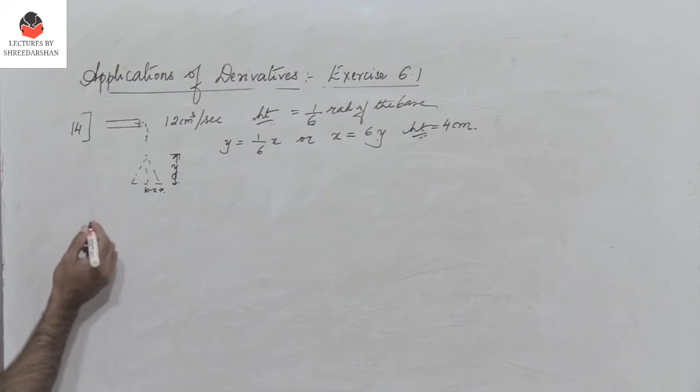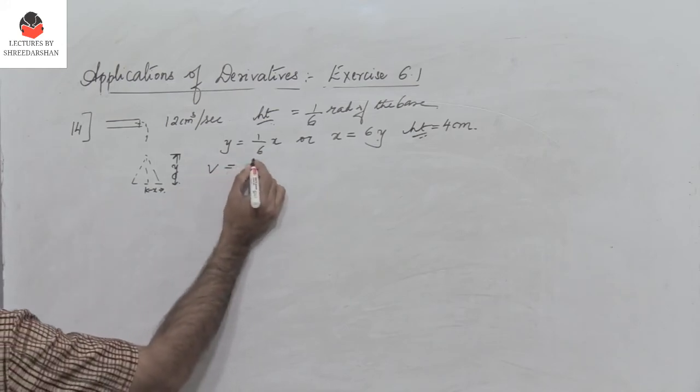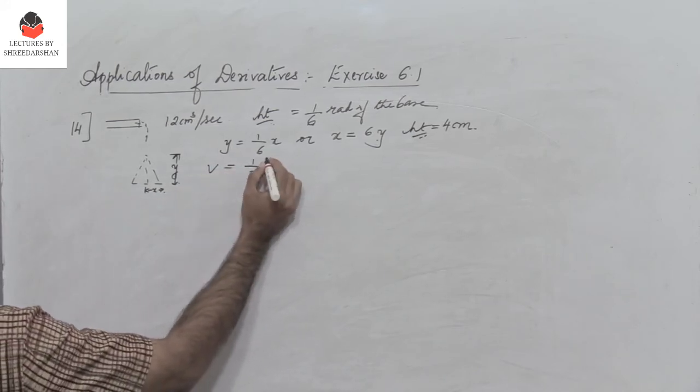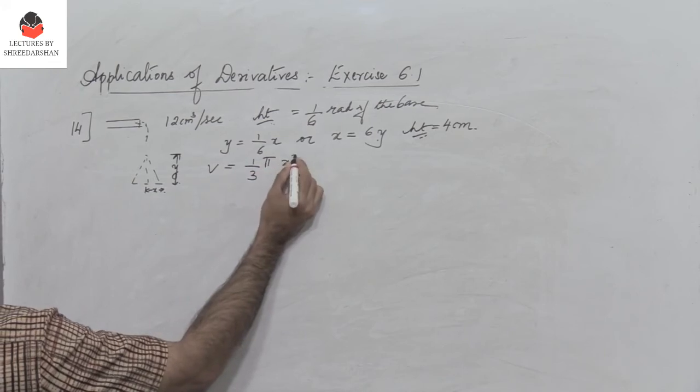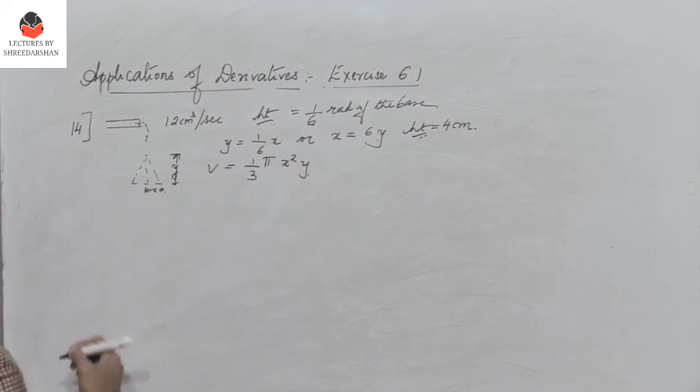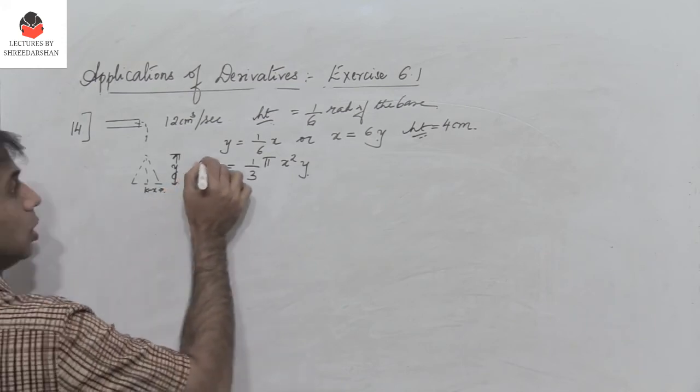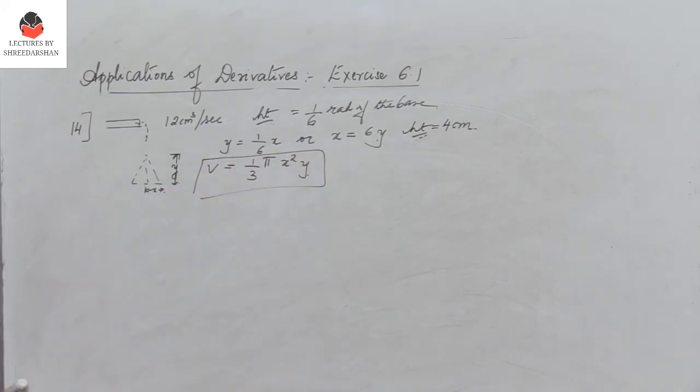Now we know that the volume of the cone is 1 by 3 pi x square into y, where x is the radius of the base of the cone and y is the height. So this formula you need to remember. The volume of a cone is 1 by 3 pi x square y.